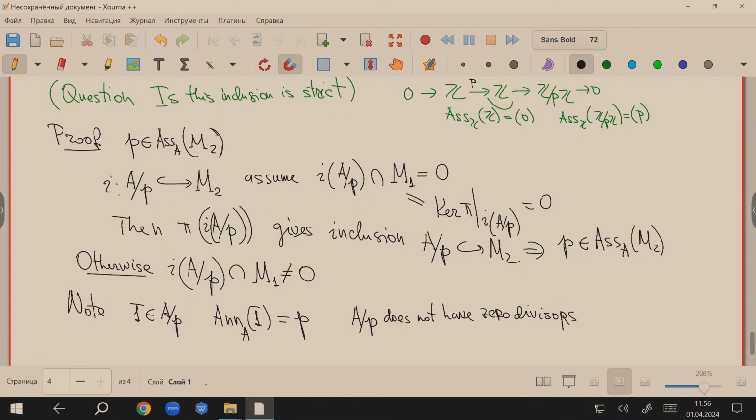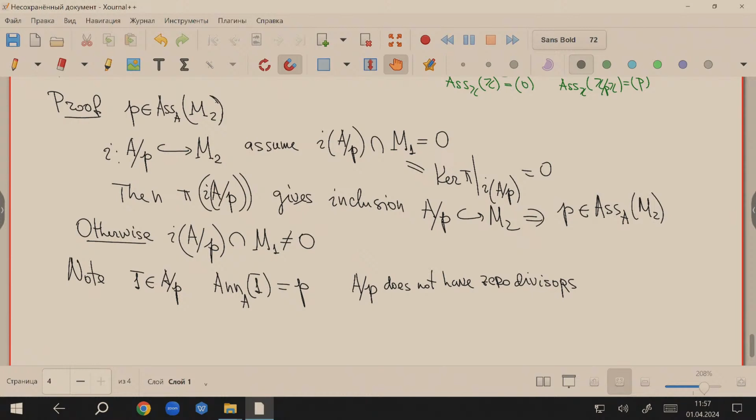Of course, it may happen that A mod P has submodules. For example, you can take maximal ideals containing P. But A mod P doesn't have zero divisors. So this implies that the annihilator of X in A mod P is 0.